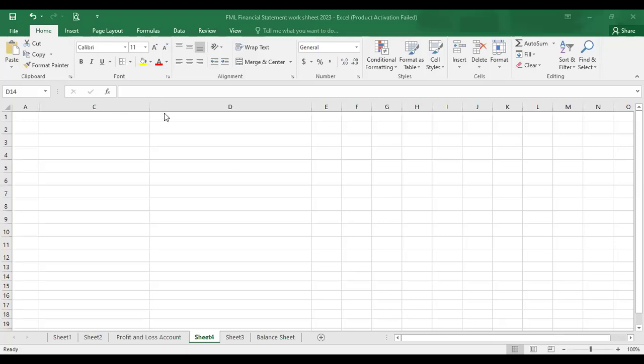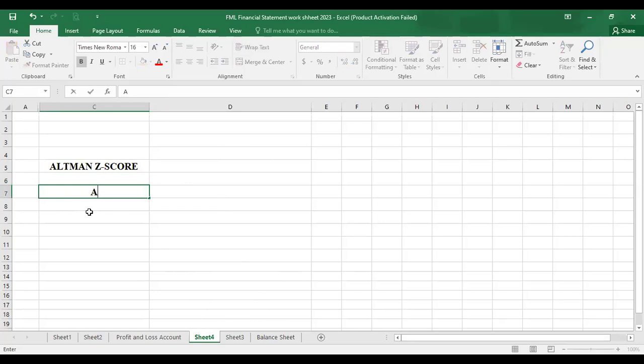Okay. So we want to compute the Altman Z-score for Farmer Ghana. But before we can do that, we need to find a number of ratios. The first one is working capital to total assets ratio.